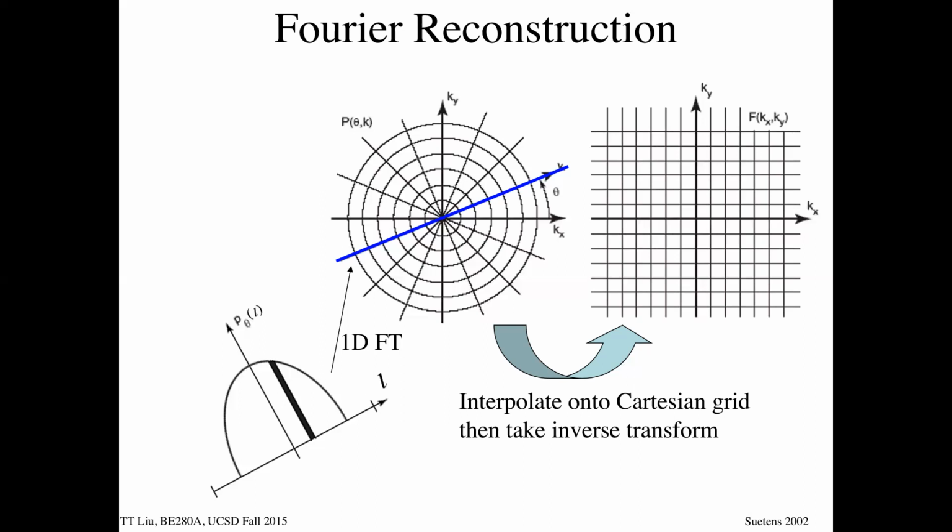Then do a straight up 2D discrete Fourier transform to get our picture. That's Fourier reconstruction. It turns out that it is susceptible to artifacts, so it's not done very often. But if everything was perfect in the system, that would work.